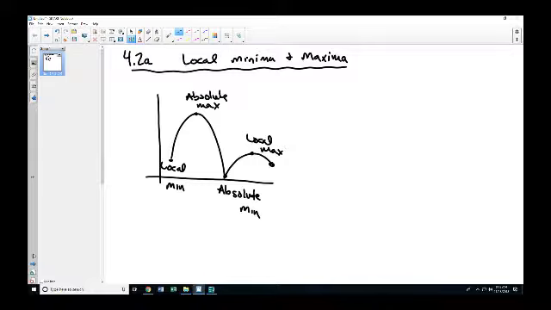Okay. These three are called critical points or values. Some people call them critical values. Okay.